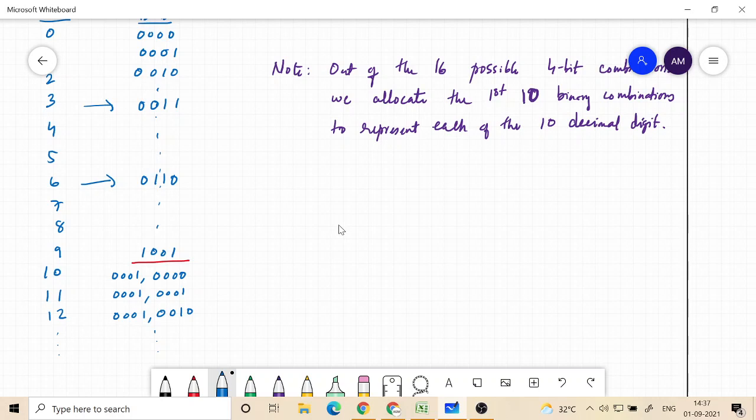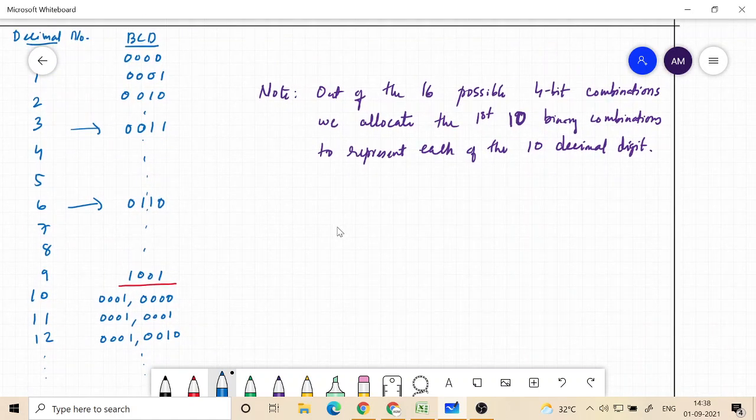Now the issue is, can we add these numbers, or can we do arithmetic operations with these numbers? The answer is yes. So let us look at some examples. The examples that we have may be divided into 3 categories.